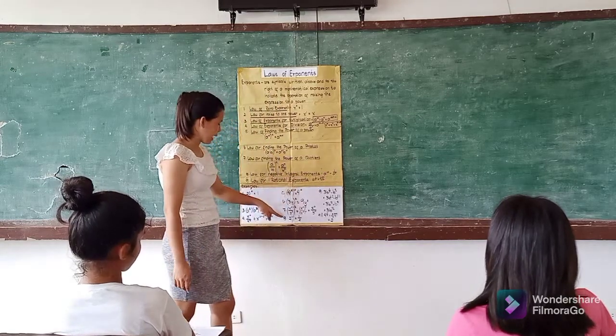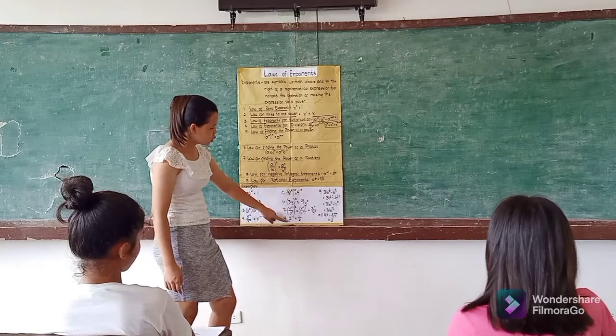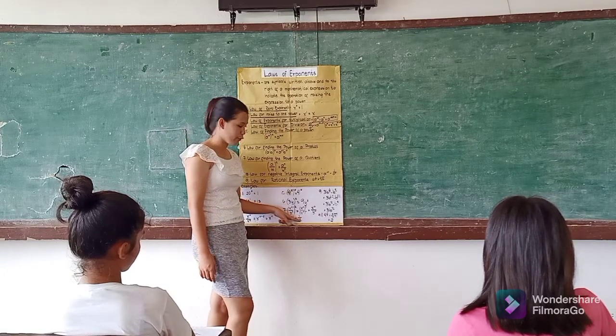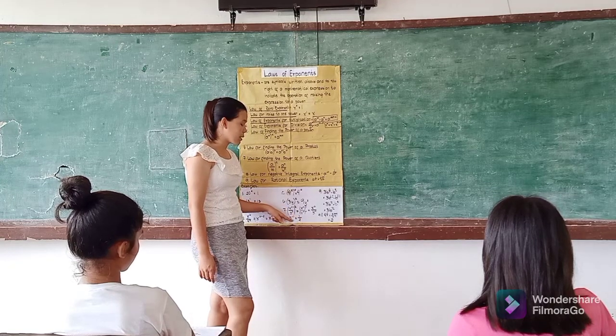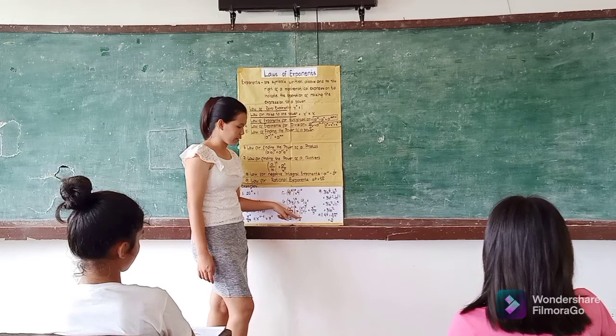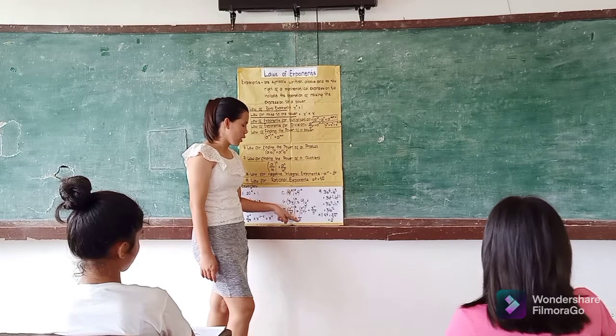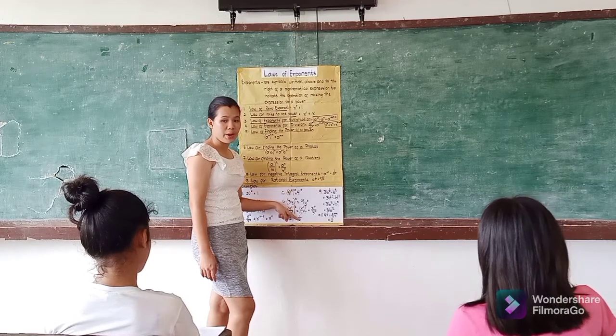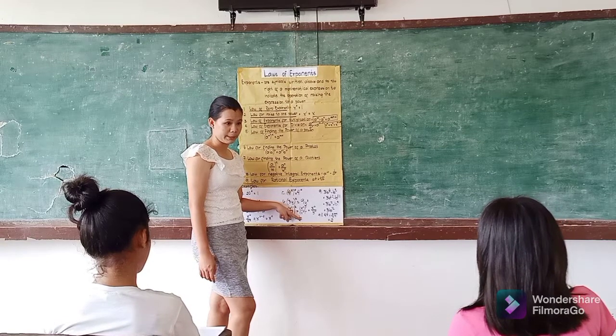For example, number 8: 2 raised to negative 1 is equal to 1 over 2, or you just find the reciprocal of 2, which is 1 over 2 raised to positive 1. So you have the answer one half, or 1 over 2 raised to positive 1.